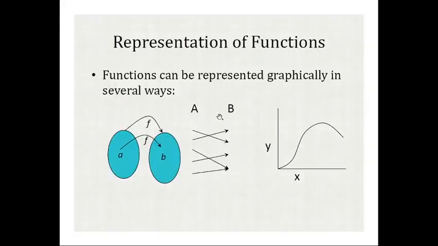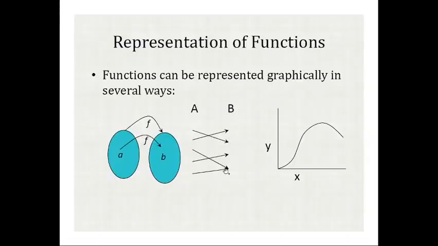Another way is this one. Here we'll write the elements of A, here we'll write the elements of B. Then if a member of A is mapped to this element, then we'll write an arrow, so that a member of capital A is mapped to a member of capital B. So similarly, we'll write an arrow.